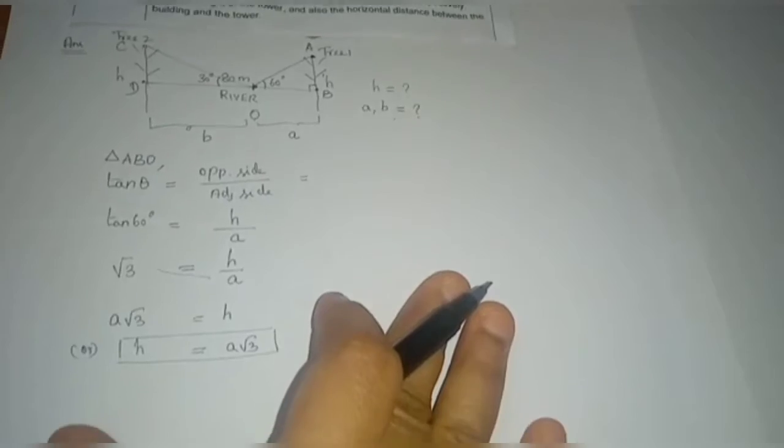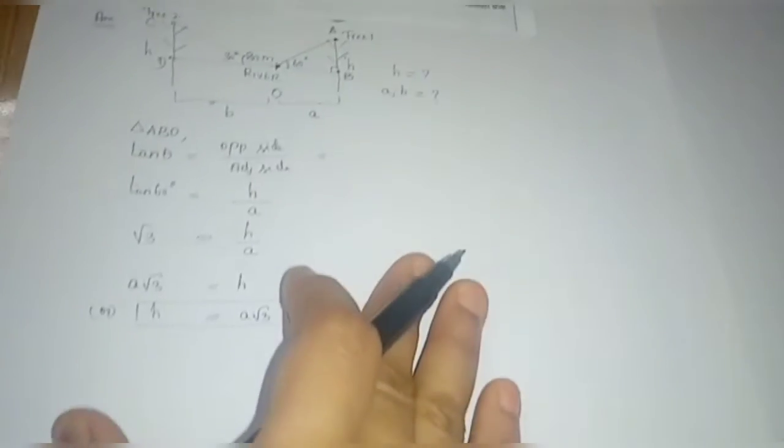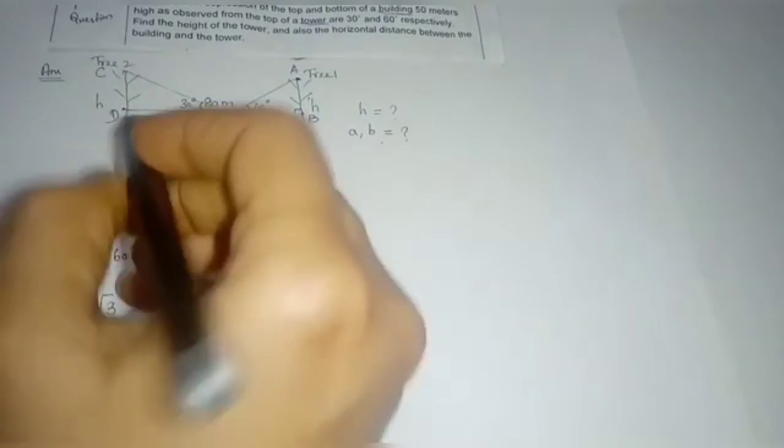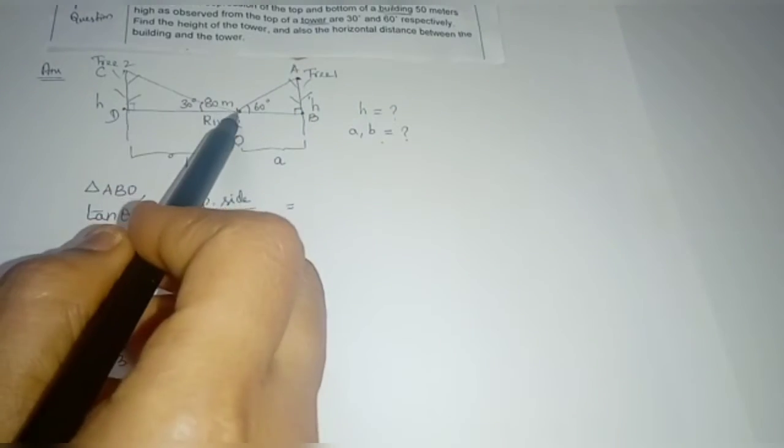Here we have another triangle. This is also a right angle triangle, CDO.